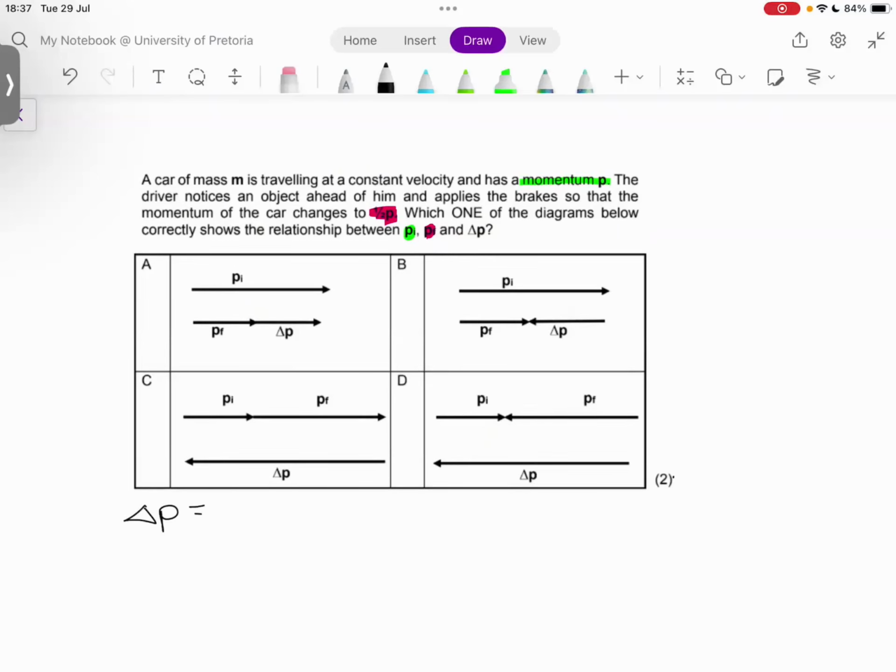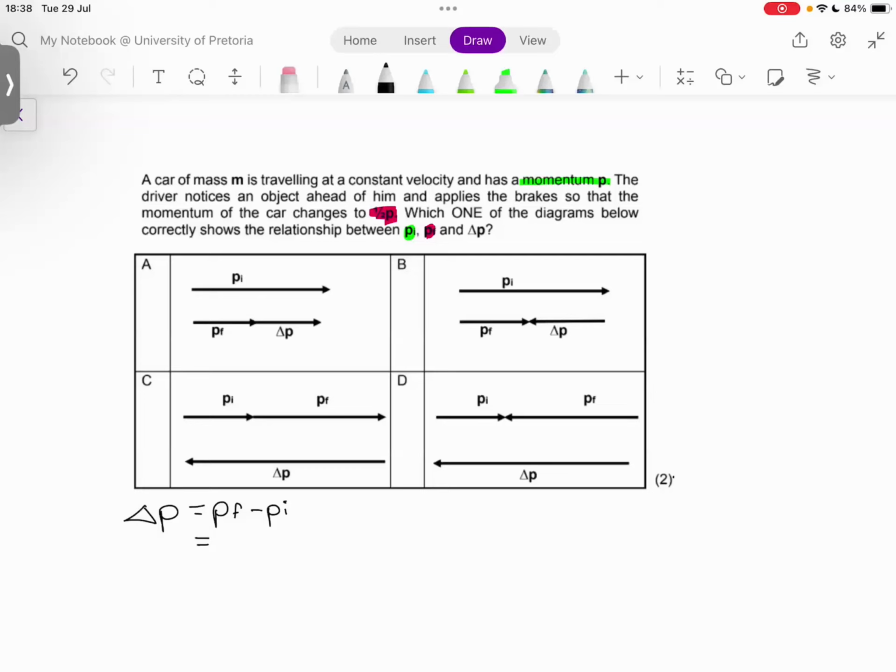The change in momentum is the final momentum minus the initial momentum. Are we all on the same page up until this point? Can I just get a thumbs up, an indication in the chat? Cool. Let's carry on.